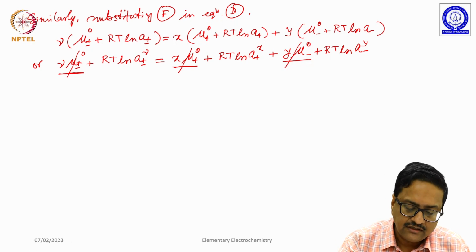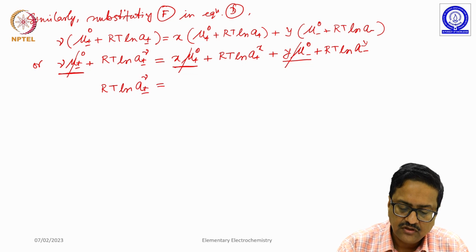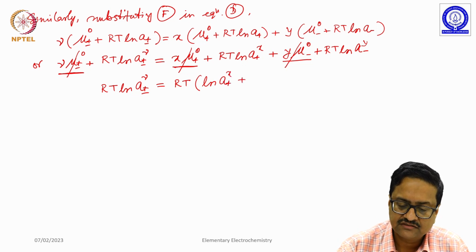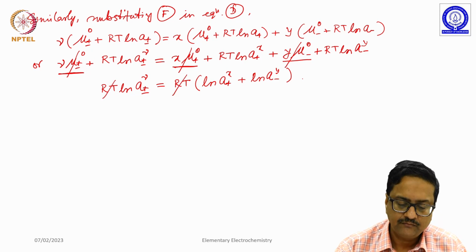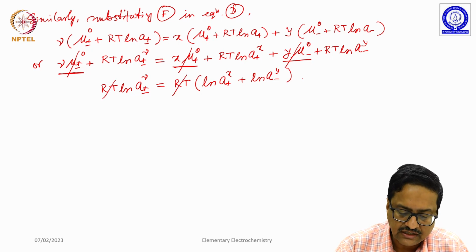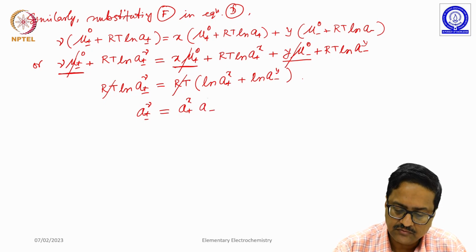And then we are left with the equation RT ln A plus minus to the power nu equal to RT ln A plus to the power x plus ln A minus to the power y. Or we can remove RT now and simply write A plus minus to the power nu is equal to A plus to the power x and A minus to the power y.